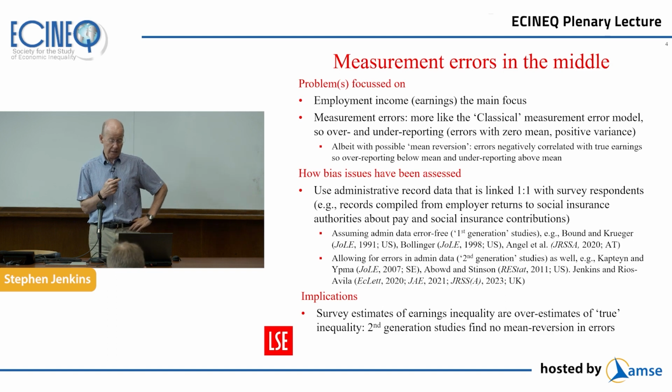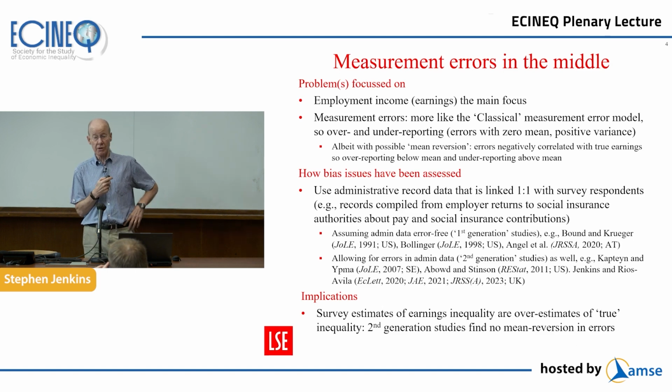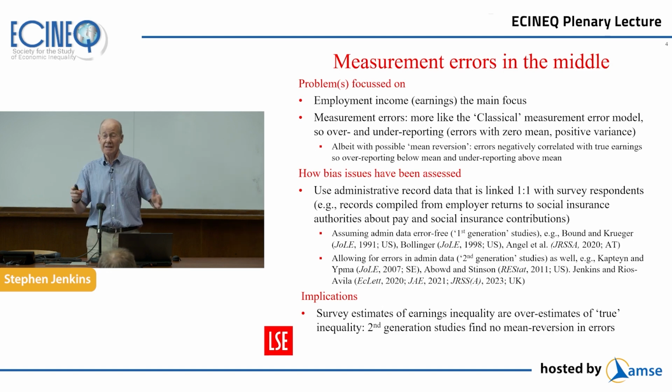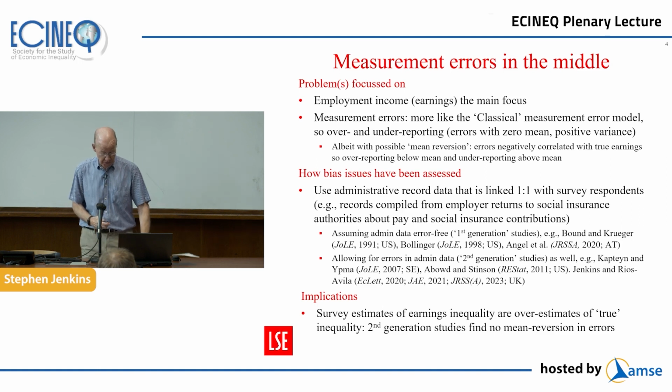Typically that survey estimates of earnings inequality tend to be overestimates of true inequality. And in all these second generation studies, as soon as you allow for measurement error in the admin data, mean reversion disappears. So what that means is you end up with classical errors in employment earnings. Essentially the measure is equal to signal plus noise, and hence the result about variances. So that's in the middle.